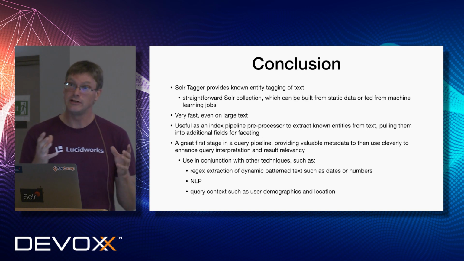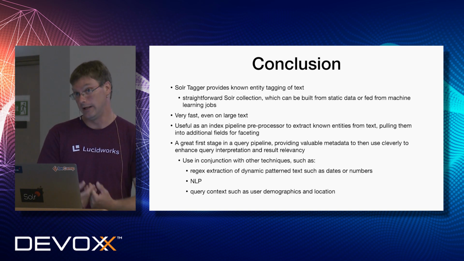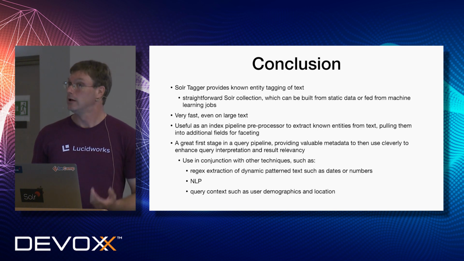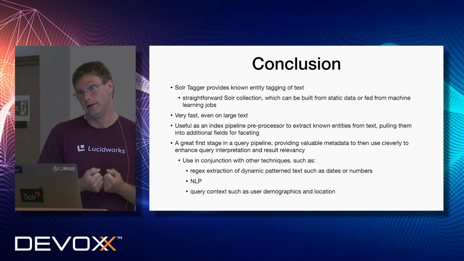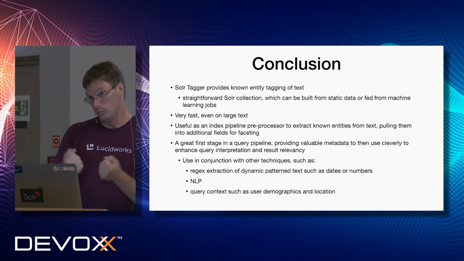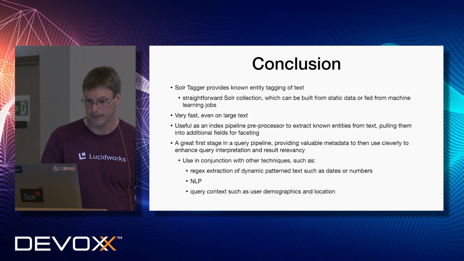You have a lot of rich metadata about those things. Those things are what your users are going to type into your search box. You might as well recognize that and leverage that, knowing and doing some good query interpretation there and understanding.